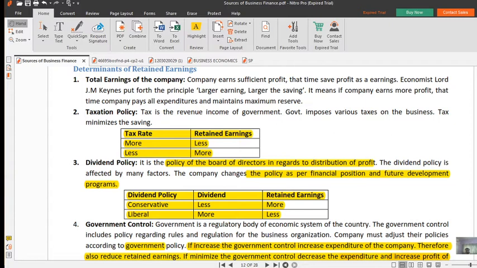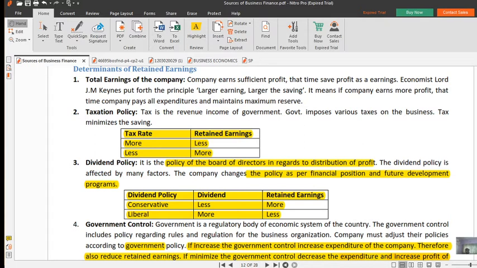Next, dividend policy. Basically, what is meant by dividend policy? Dividend policy means the policy of the board of directors in respect of declaration of dividend and distribution of profit. The dividend policy is affected by many factors. There are two types of dividend policies: conservative dividend policy and liberal dividend policy.